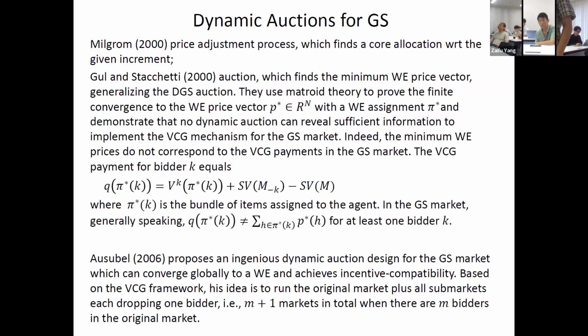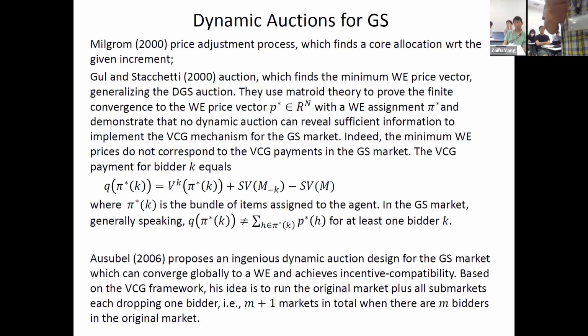Okay, so now just briefly mention what Gul and Stacchetti did in the 2000 paper. They actually designed a precise algorithm which finds a minimum Walrasian price vector.